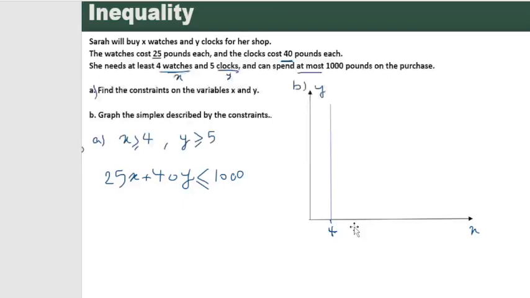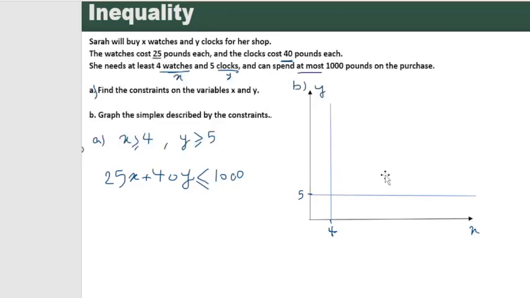How about y? It says y should be more than 5. So I mark y equals 5 here and again draw a line, which shows that y would be more than 5.